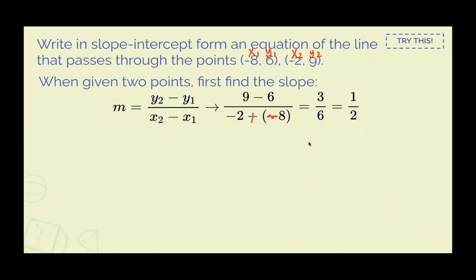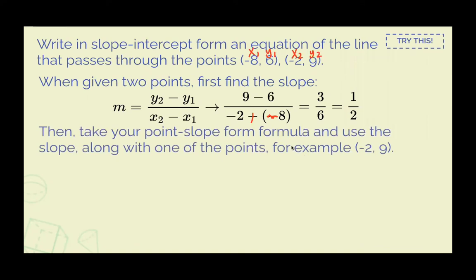Now that you have your slope, we're going to use the point slope form formula. Choose one of the points to plug in for your coordinates. I'm going to choose (-2, 9), and then I'll label them. -2 is going to be my x1, and positive 9 will be my y1.